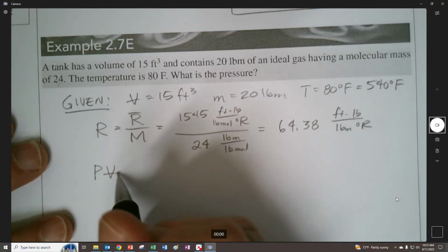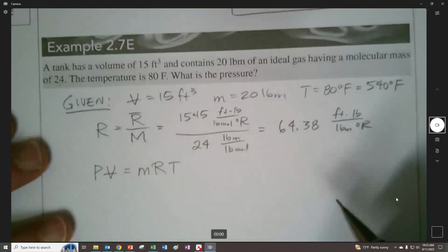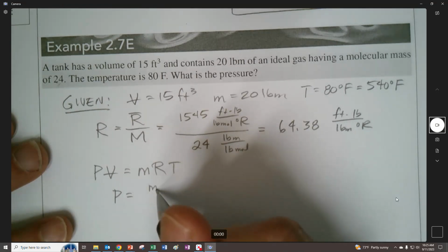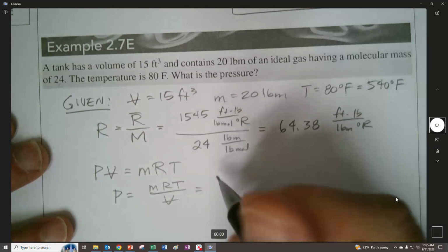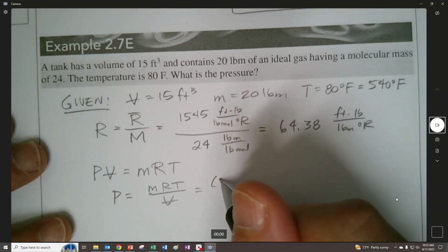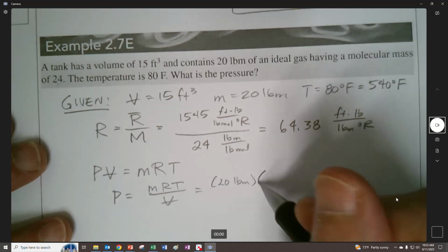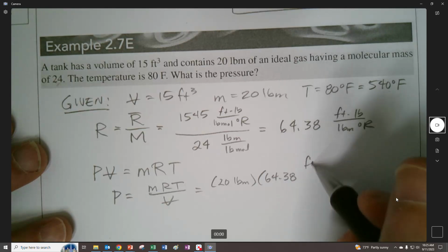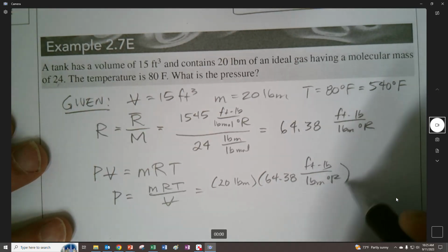So I get PV equals mRT. So pressure is equal to mRT divided by V, and the mass is 20 pounds mass. The R is 64.38 foot pounds per pound mass, degree Rankine.